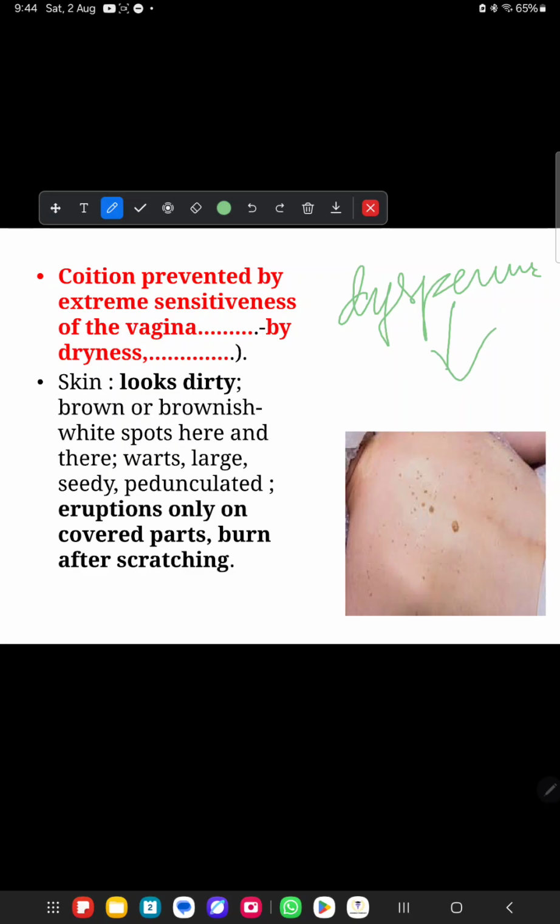Another symptom: skin looks dirty brown or brownish white spots here and there, warts, large pedunculated, and eruption only on covered parts, and burning after scratching. You can see in the picture, if the patient has flat warts, sometimes white spots or large pedunculated ones, then only we can think.